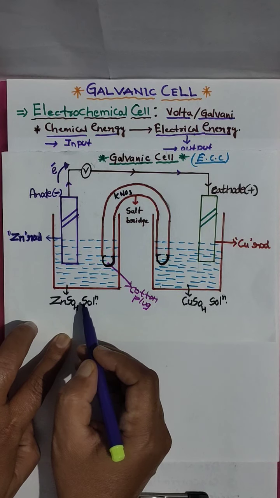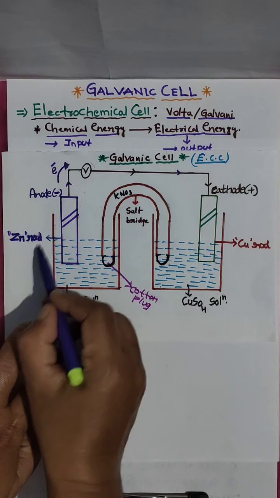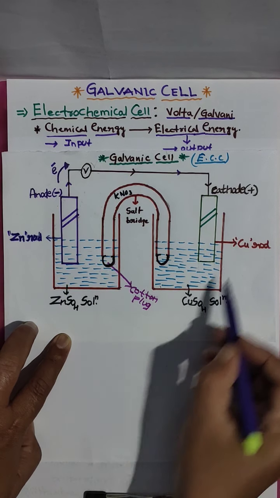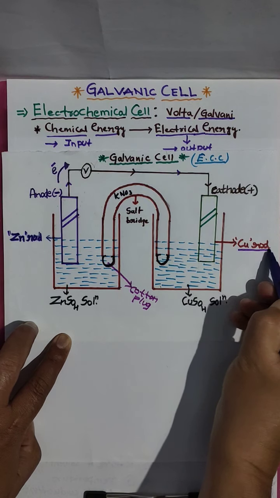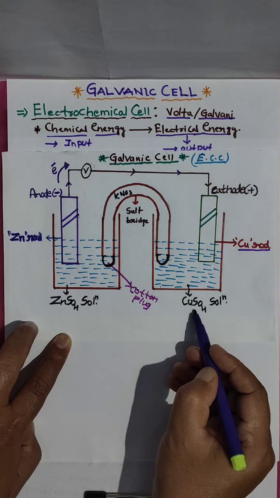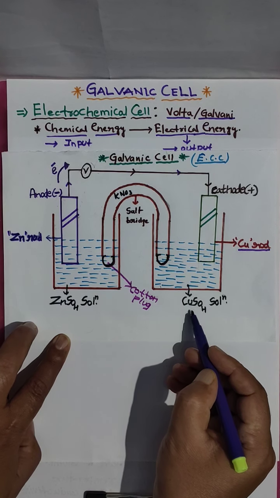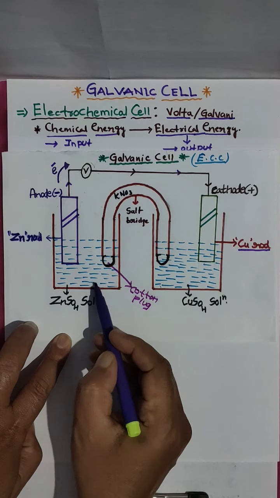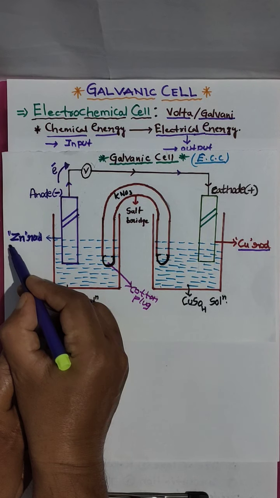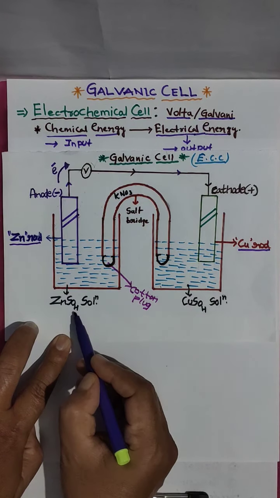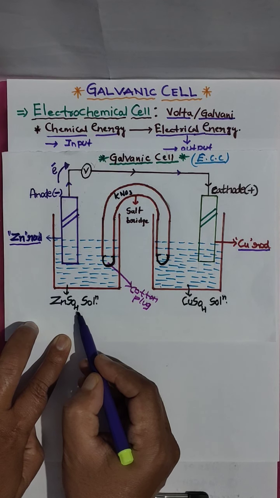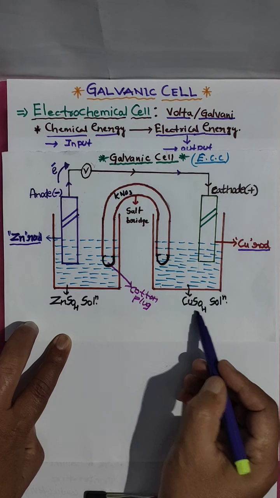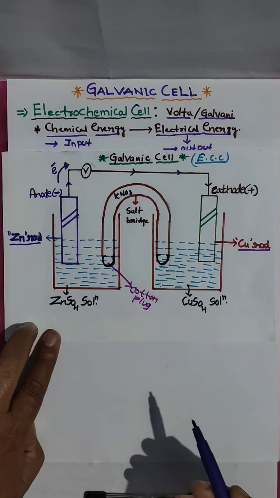What we did here: a zinc rod is dipped in zinc sulfate ionic solution, and a copper rod is dipped in copper sulfate ionic solution. In a galvanic cell, two half cells are present.